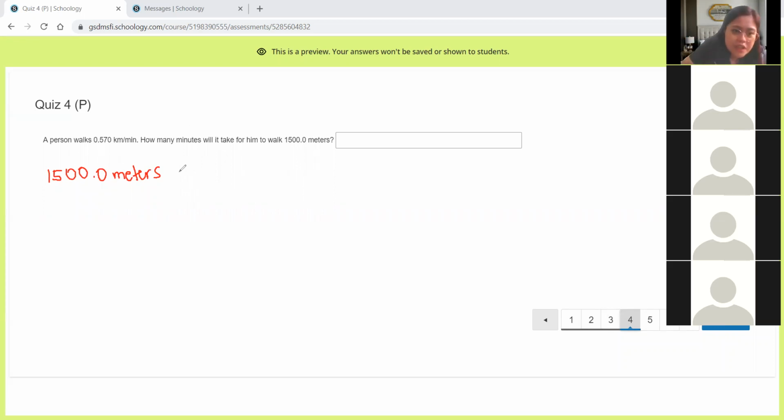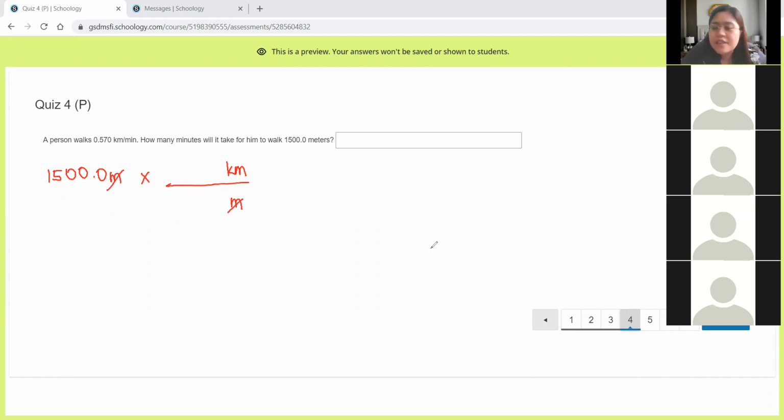So pwede ninyo siya himuon og ingani class. Our M na lang akong isulat para madali. Meters times our conversion factor. Syempre ang meters class sa baba kay para makancel. So kilometers na din sa taas. So makancel ang meters. Ayan.